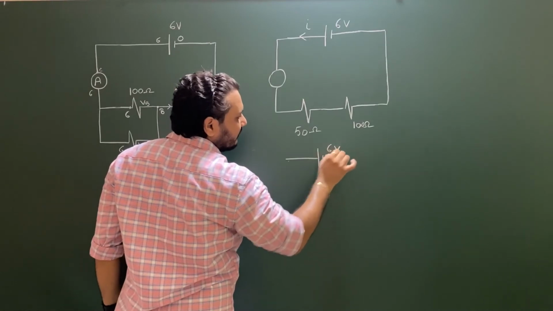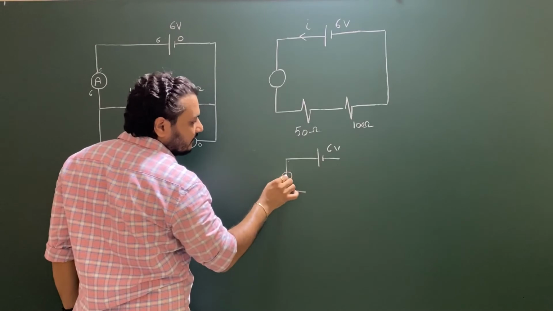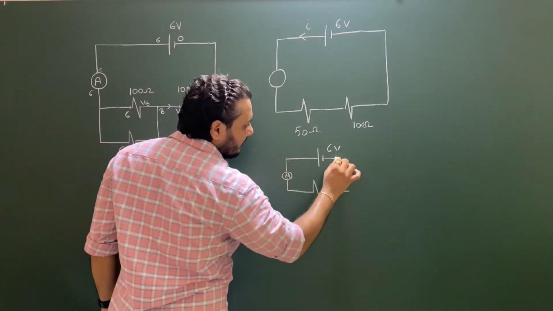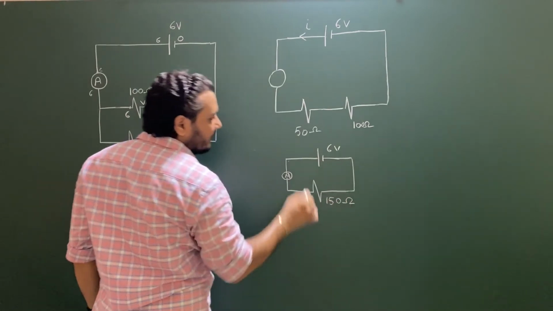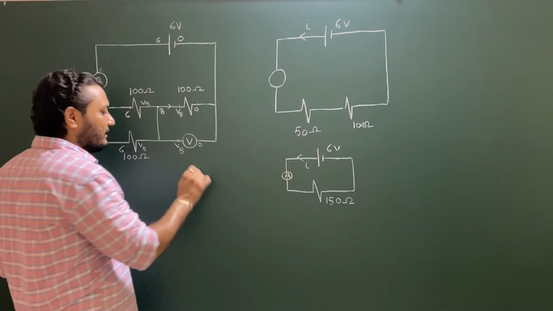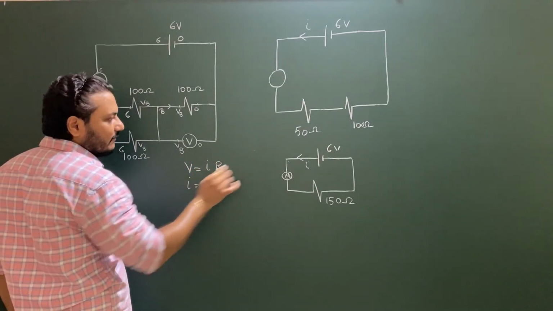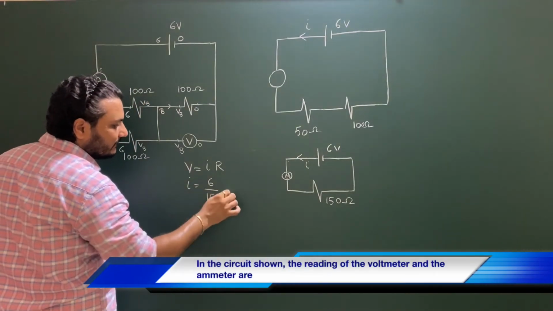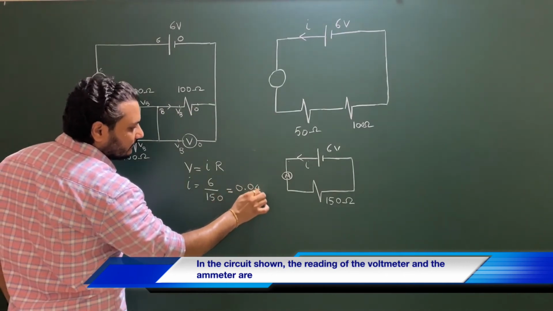This is 6 volt. There is the ammeter, and this 50 and 100 becomes 150. If you calculate the current, V is equal to IR. So from here I becomes, V value is 6 volt, and resistance value is 150. Simplify this, you will get 0.04 ampere.